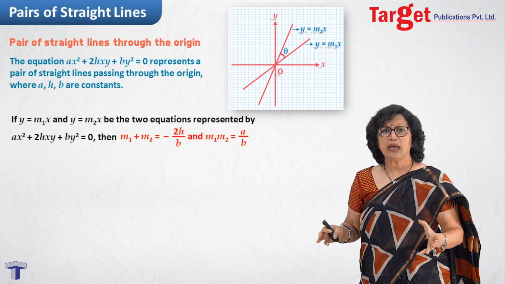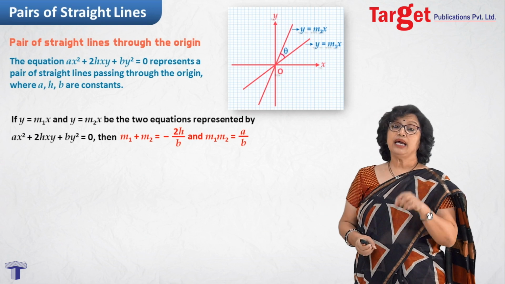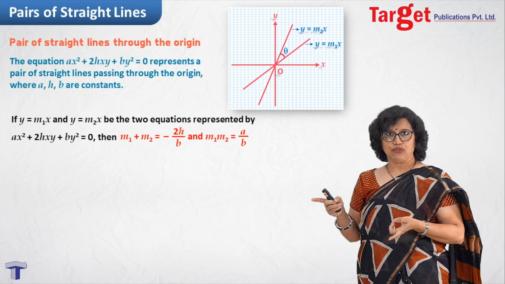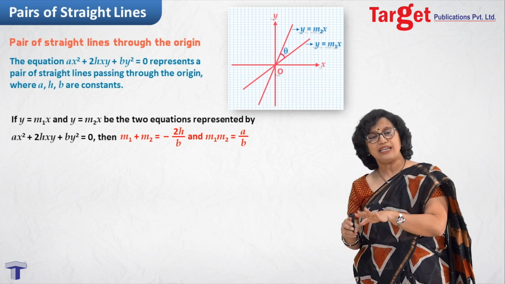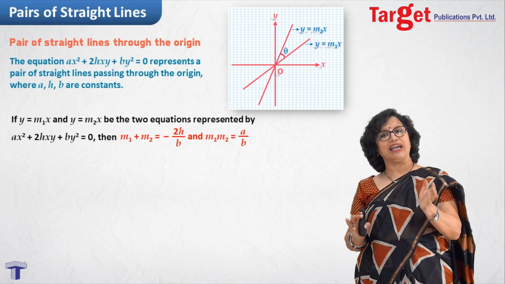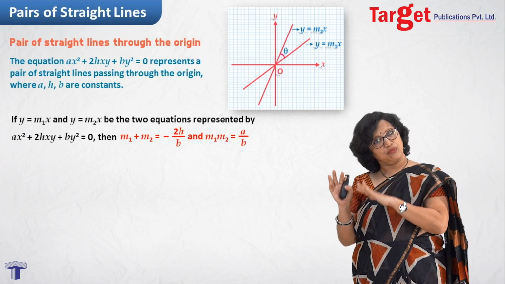Why am I saying so? Stretch your mind and try to get the answer. y equal to mx, that is the form. So y upon x would be m, right?